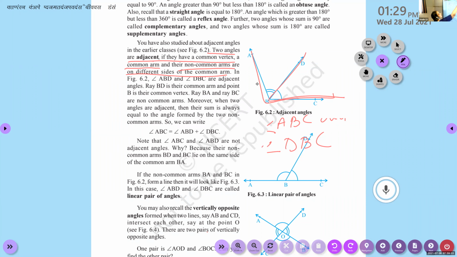Okay. So write the conditions. Write the sentence, and draw this figure also. Two angles are adjacent if they have a common vertex and a common arm. And their non-common arms are on different sides of the common arm, not on the same side.